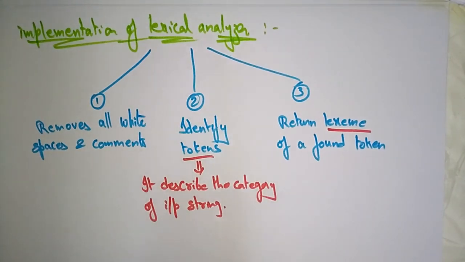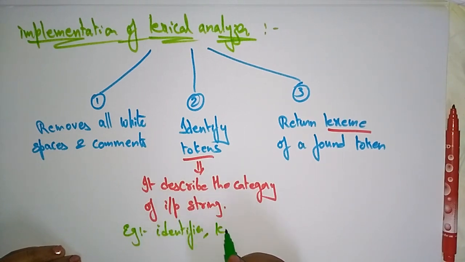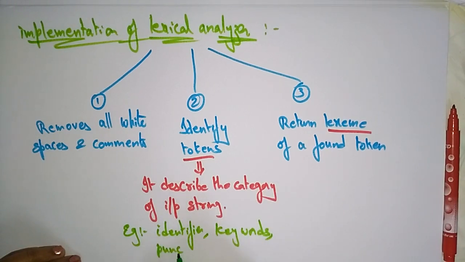A token is an identifier, a keyword, or a punctuation symbol: identifiers, keywords, even punctuation like semicolon, hyphen. Those all come under tokens. We just call those names tokens.